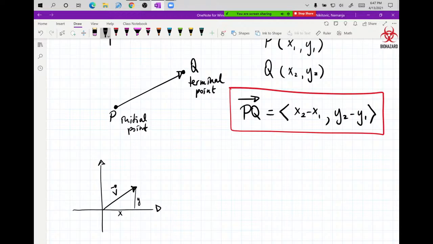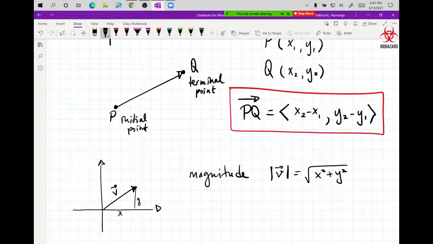So we can find the magnitude of the vector, denoted with the absolute values, as simply your Pythagorean theorem. It's a right triangle, nothing new, nothing special. You all understand that.